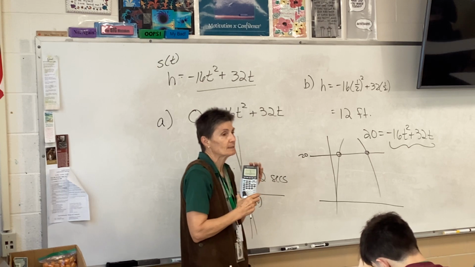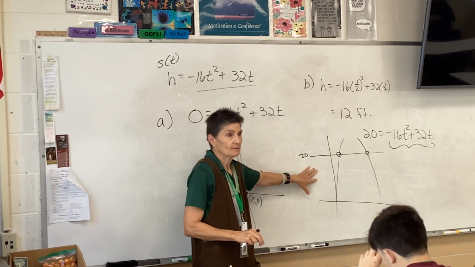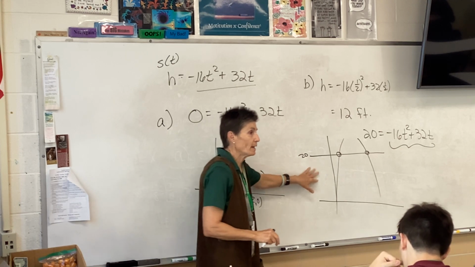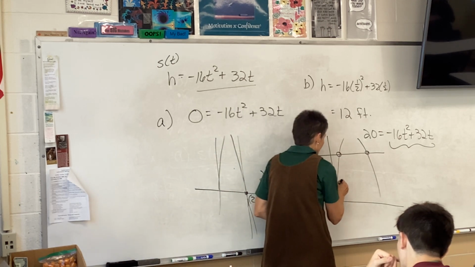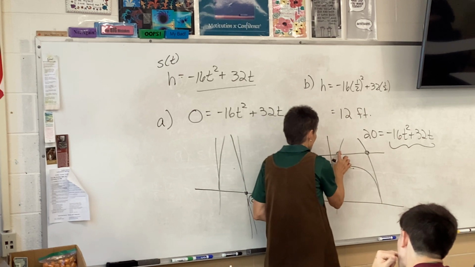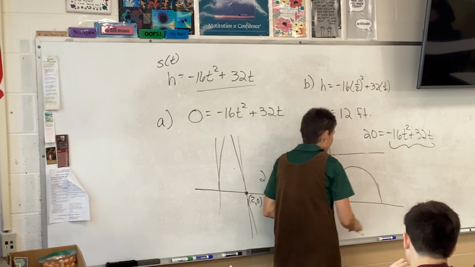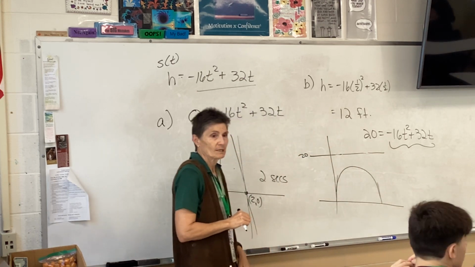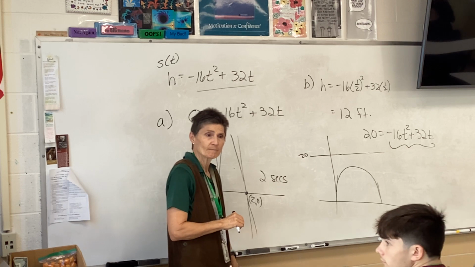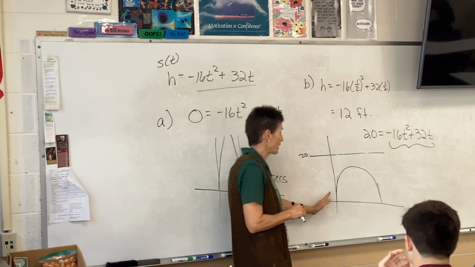And what happened? Did you see your parabola coming up and down like that, okay? And you saw your line up here. But what didn't happen? It didn't cross. What does that mean? It doesn't get that high. This is the ball right here.